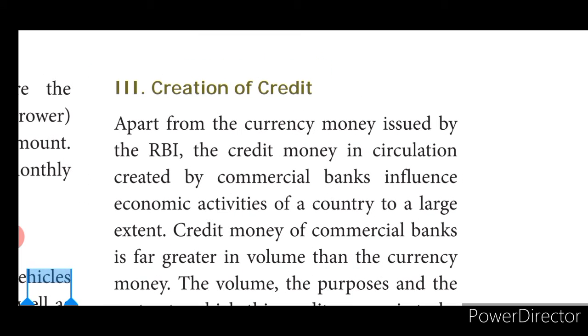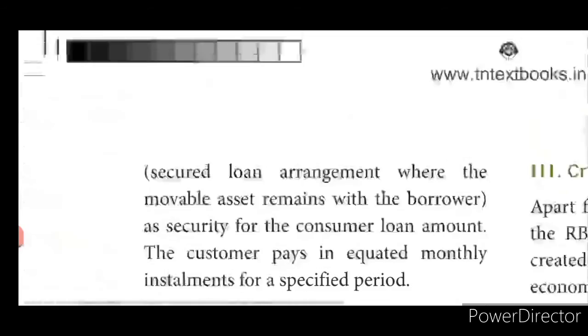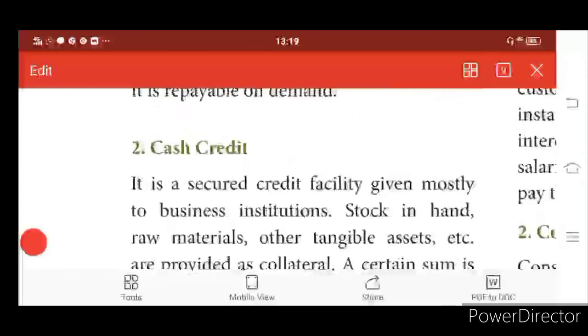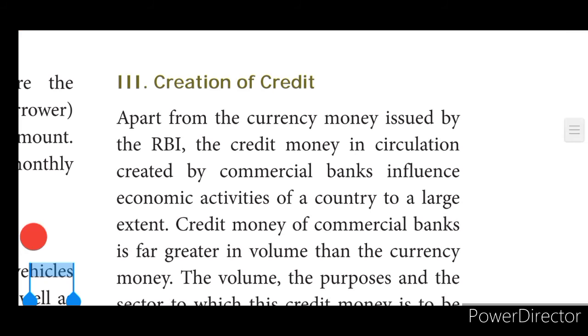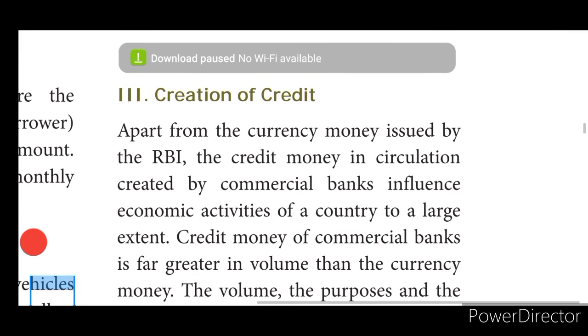We are seeing the primary functions of a commercial bank. In the primary functions we have completed two topics now: accepting deposits, and creating loans and advances. So next one is creation of credit. What does creation of credit mean?